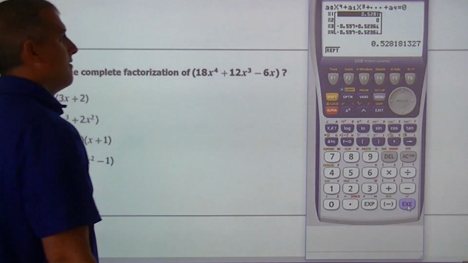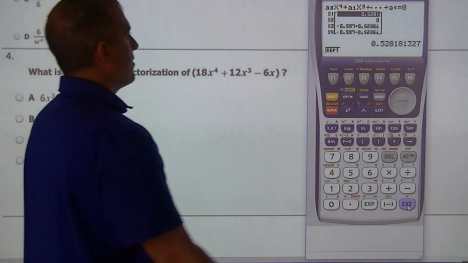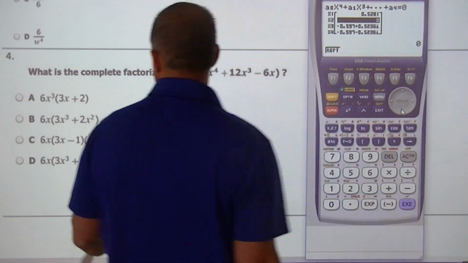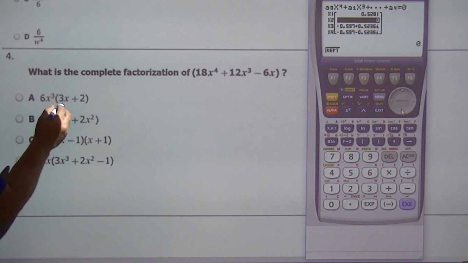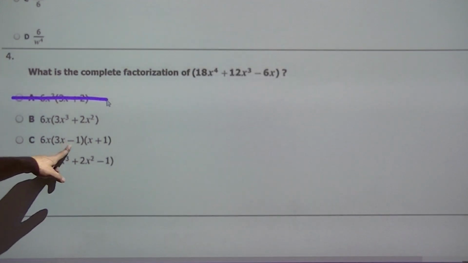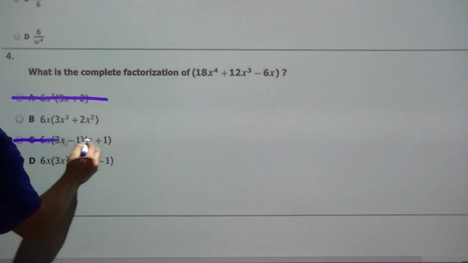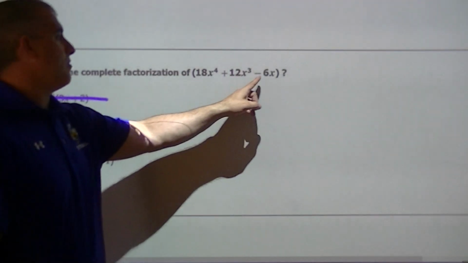If I go to factor that, I only got one good factor, which means that's got to be the x one. So this is no good because that factor would be negative 2x plus 3. This is no good because I would see a factor of negative 1 in that. This has to be my answer because I have 3 terms here.